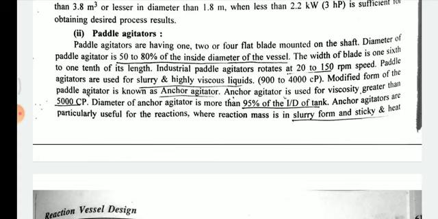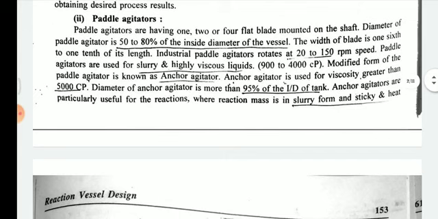Paddle agitators are used for slurry and highly viscous liquids. The viscosity is measured in centipoise, like 900 to 4000 centipoise. So these types of material can be handled in a paddle agitator.